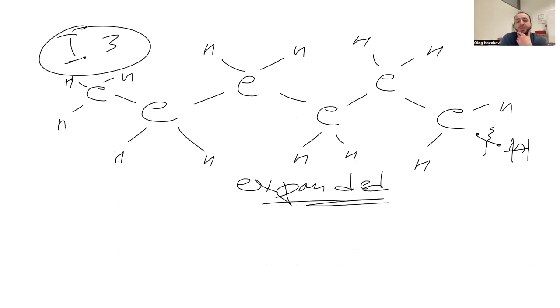Things like that will help you keep track of what's happening in the chemical reaction. That's why those expanded structures are useful, right? Then if we don't want to show all that stuff, with the C-H bonds, we can get rid of that. And then we are going to move on to the condensed structure.